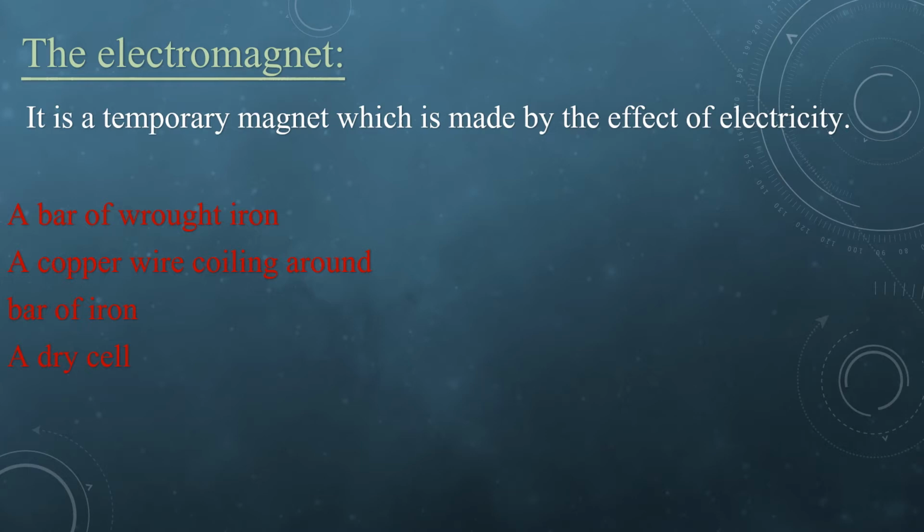So let's make a small experiment together. Get your ingredients together, which are a bar of wrought iron, a copper wire, and a battery or dry cell. And shall we create a new magnet? Let's go.